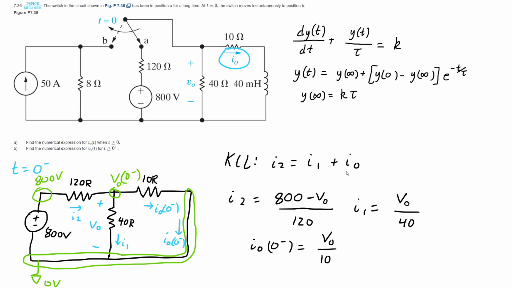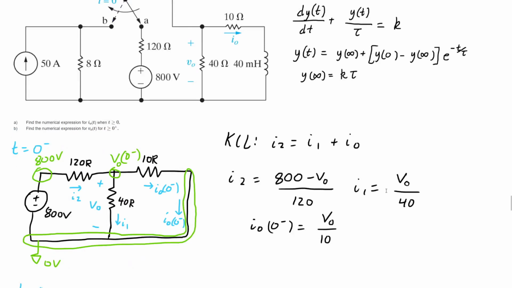Then we're going to use the definition for the voltage across the inductor and the equation for the resistor to find out V0(t).